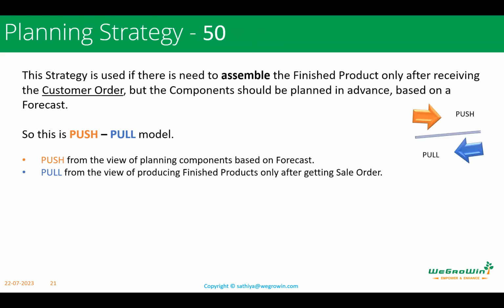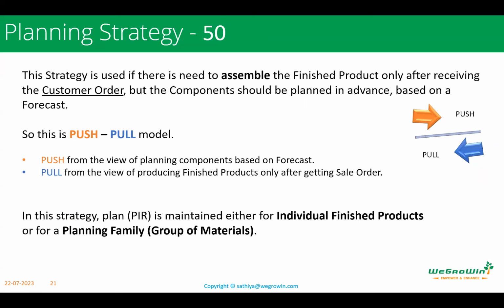Strategy 50 is normally used here, which is used in the concept called push and pull. Push is to plan your components and sub-assemblies. Pull is from there converting into the customer order. That is called pull. So push is forecasting the components and the sub-assemblies, but your assembly is happening in the pull, which is to produce the finished products.